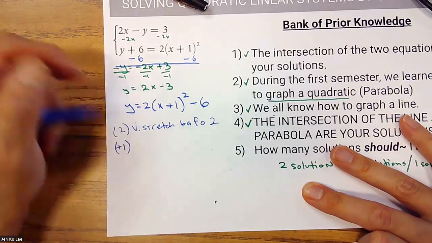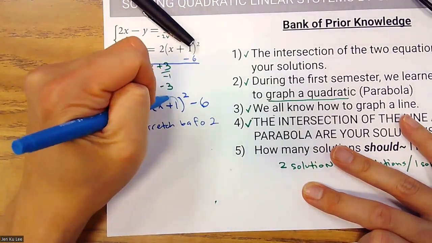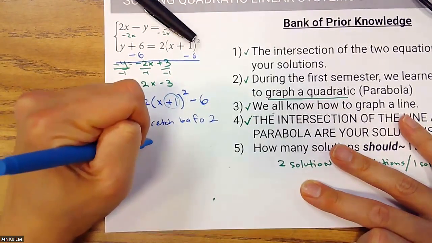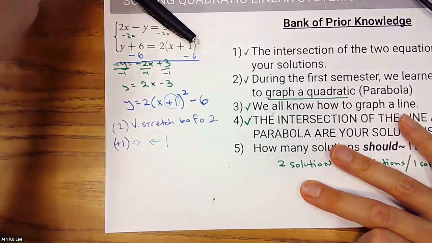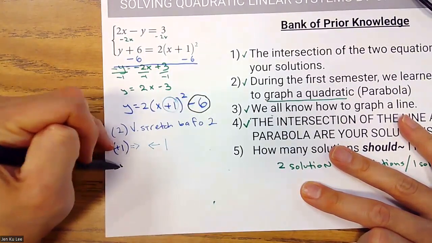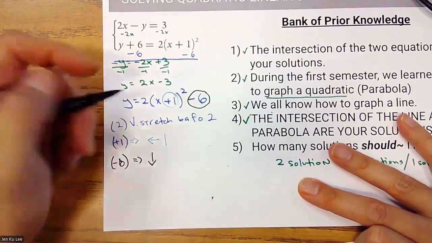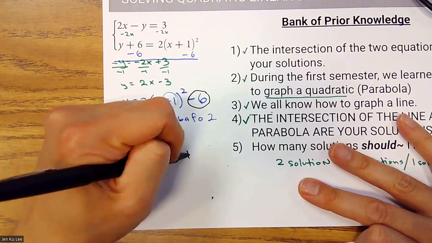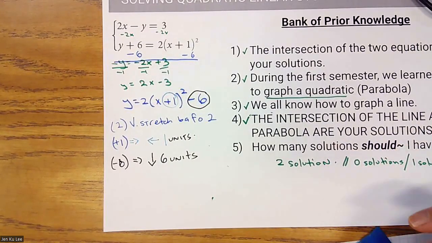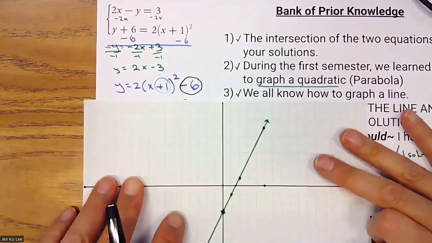The positive 1 in here represents a horizontal shift to the left 1 unit. And the last one, this negative 6, represents a vertical shift down 6 units. Okay, does that make sense? You guys remember that? And again, if you don't, please refer to the video. Okay.